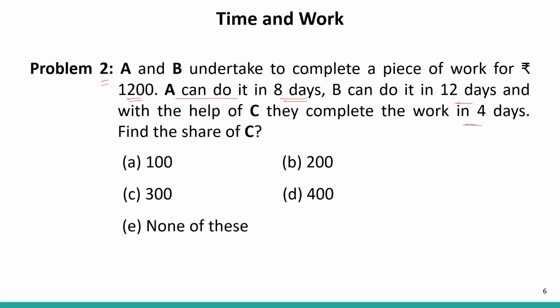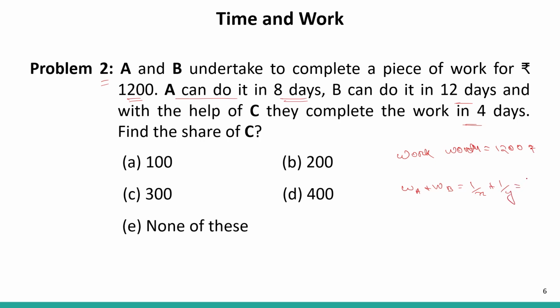So A and B undertake to complete a piece of work. The work worth, W, is equal to 1200 rupees. So this much amount will be given when they work. So the combined rate of A and B, WA plus WB, let it be 1 by x plus 1 by y.